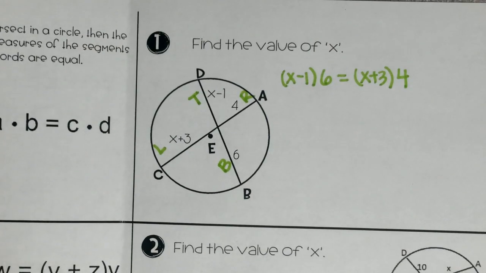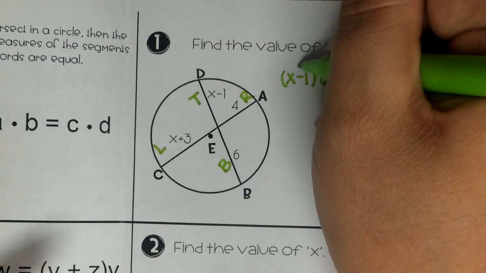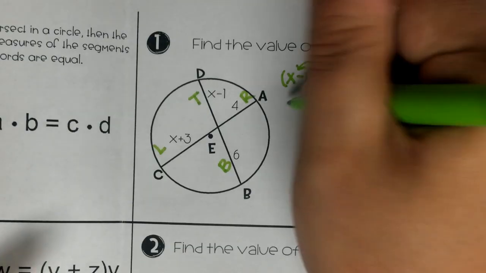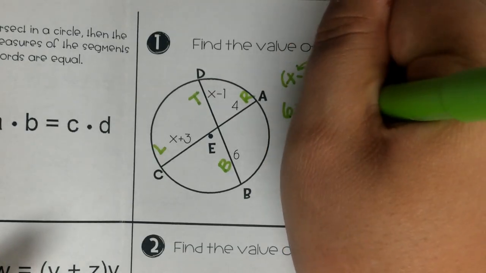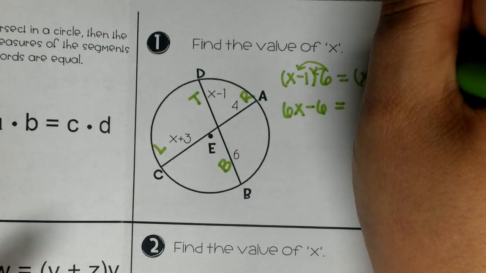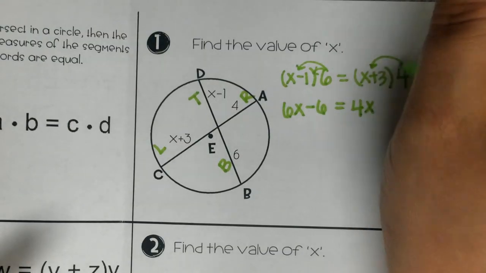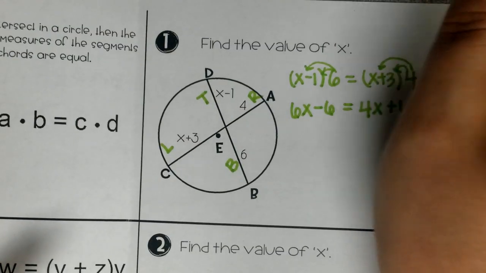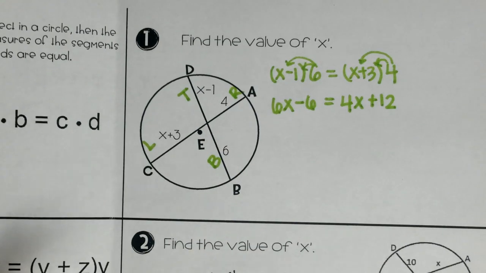What questions do I have? Okay, what do I do now? Distribute. What is 6 times X and 6 times negative 1? What is 4 times X and 4 times 3? Do y'all agree this is just algebra 1? Yeah. Solve it out.